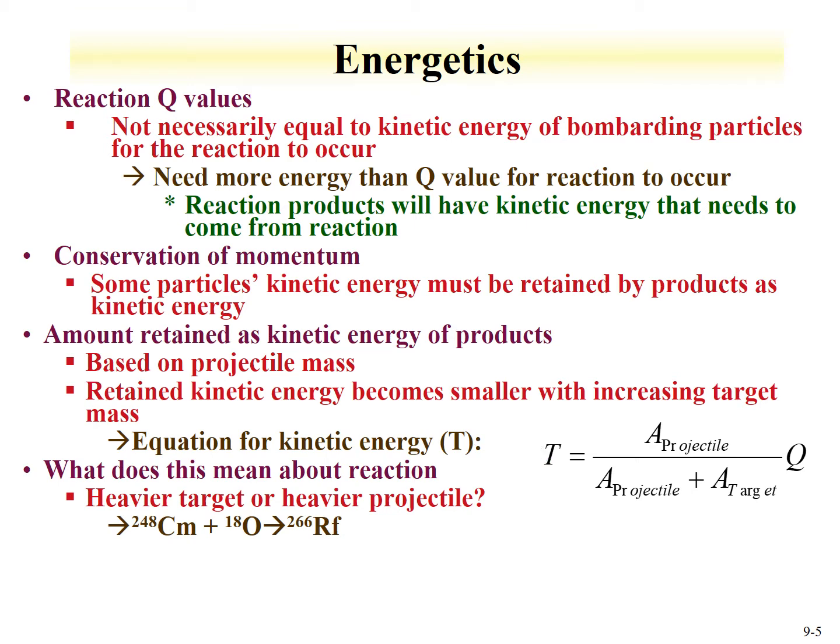Well, if I accelerate the curium into an oxygen target, I use the curium as a projectile, and this kinetic energy is about equal to the Q value, because it's equal to 248 divided by the sum of 248 plus 18. Now if we go the other route, which is actually done experimentally, where we accelerate oxygen into curium, we wind up with the kinetic energy being only a smaller fraction of the Q value. This is one reason why you often accelerate the light particle into the heavier target.